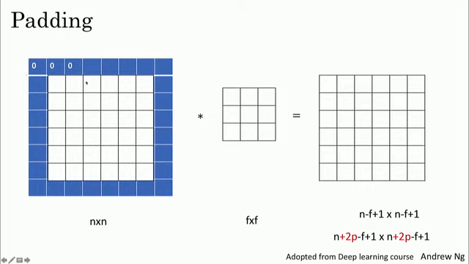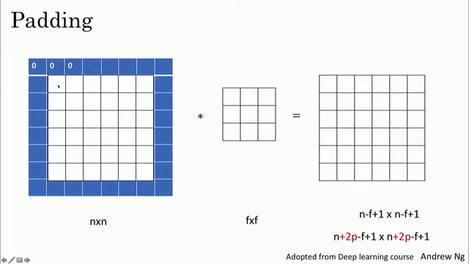Another reason that people do the padding is that if you don't do the padding, consider the pixels on the edge of this input image. The only time that you include these edges in your output is when the filter is convolved on them.